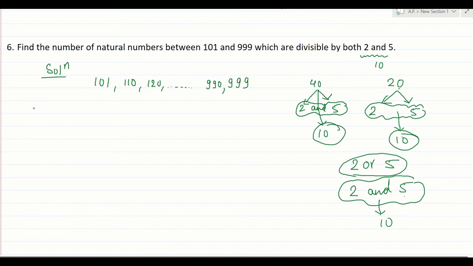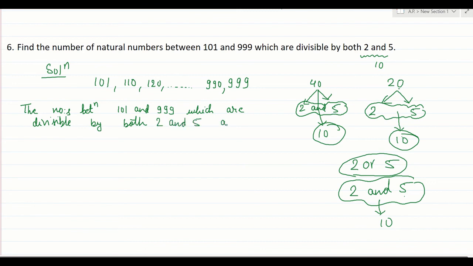So we can write the numbers between 101 and 999, which are divisible by both 2 and 5, are 110, 120, 130, till 990.